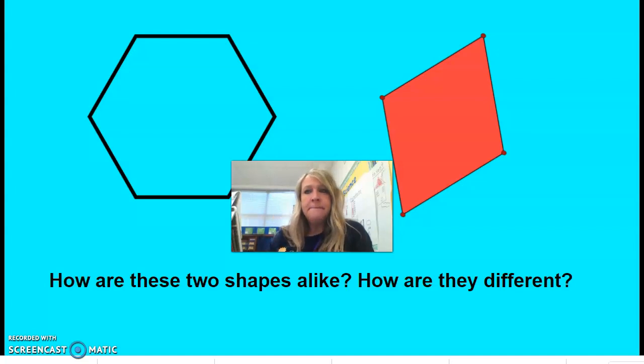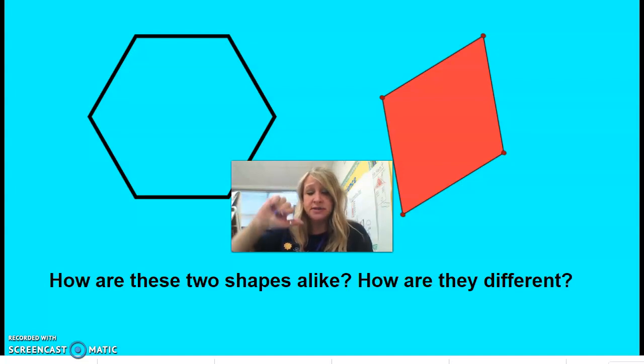How are they different? Look at the two shapes and think about it and then tell me how they're different. Are they both the same color? No. So that's one way they're different.